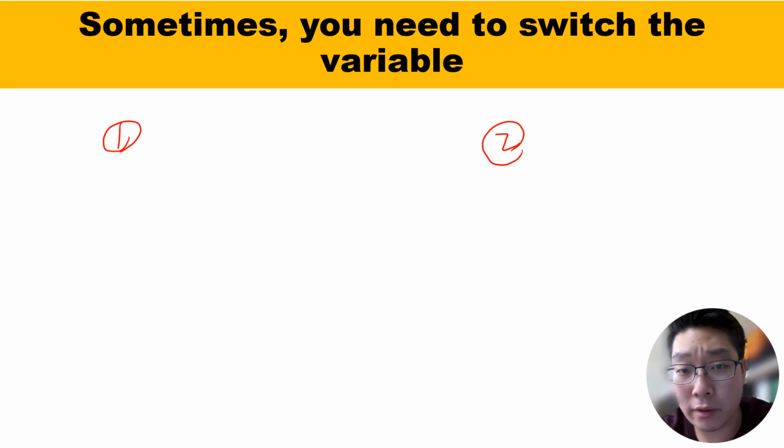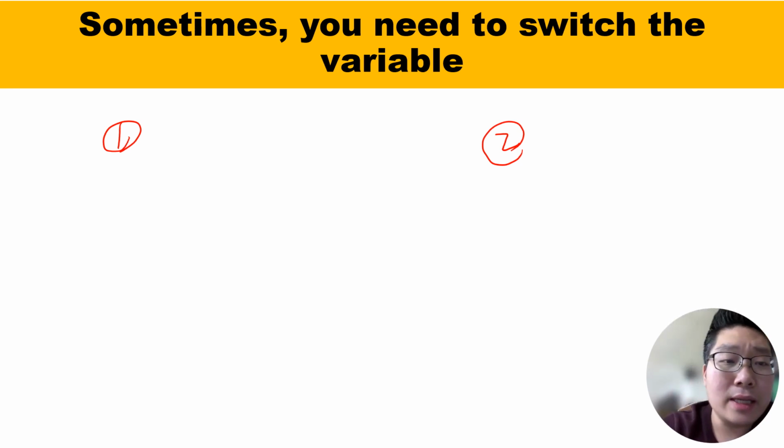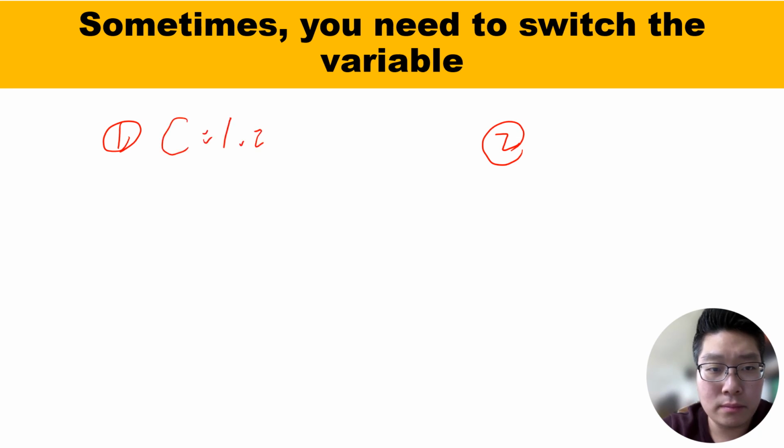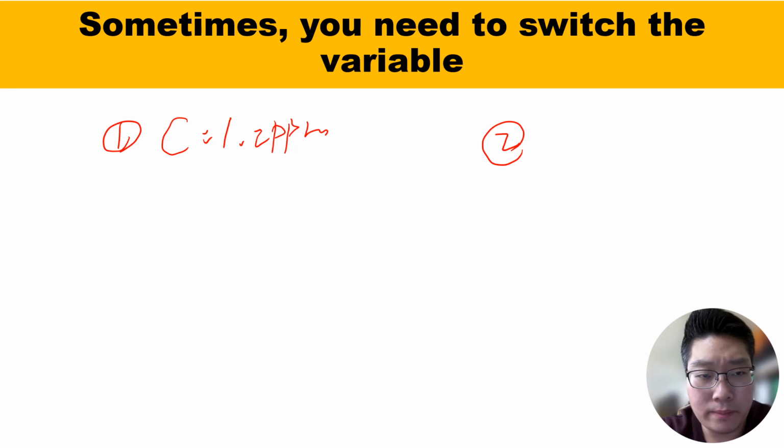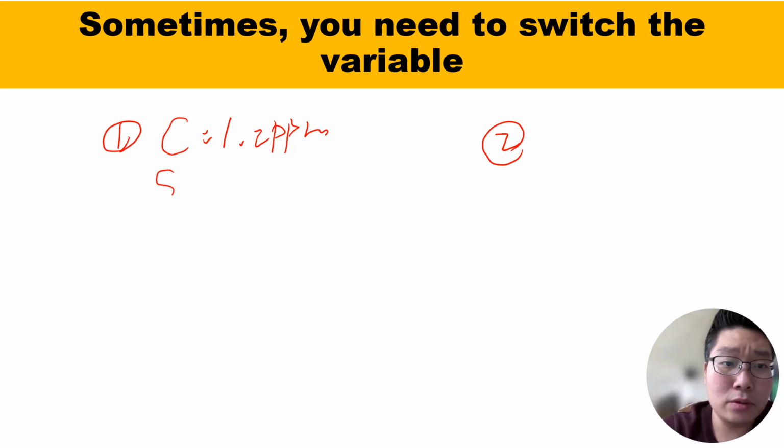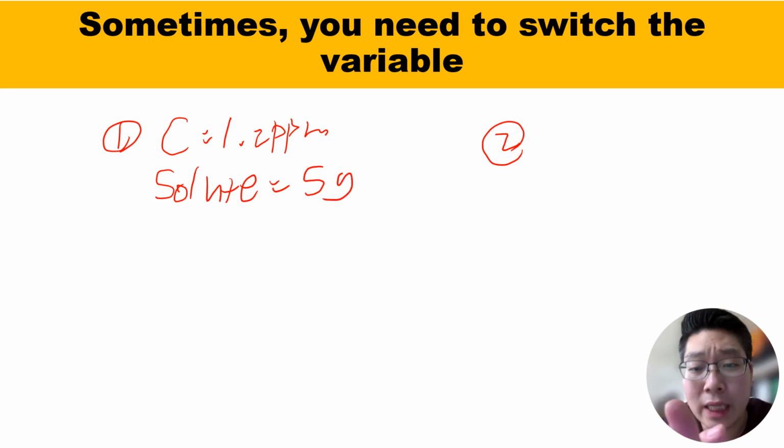First scenario is, let's say the concentration is given, say 1.2 parts per million. Also, the solute is given, let's say 5 grams of glucose as an example. You don't even need to put what chemical type, to be fair.